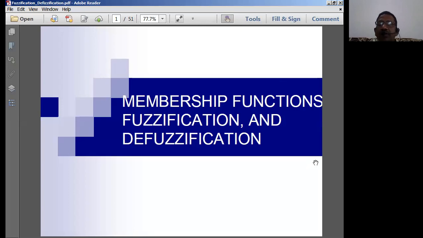Now we enter into unit number 3, which comprises the features of membership functions, fuzzification, the meaning of fuzzification, and features of the membership functions. We discussed already about the membership functions. What is the primary difference between a crisp set and a fuzzy set?